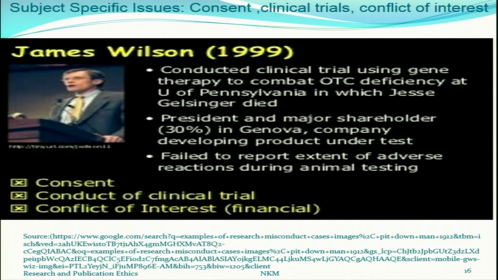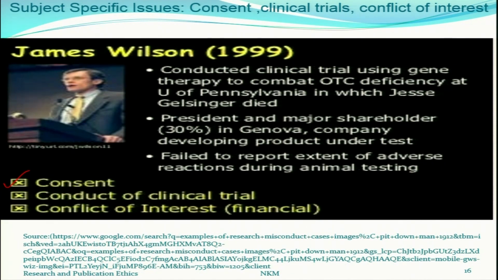Then when the investigation report came out, it showed that the team failed to report the extent of adverse reactions during animal testing. So what actually happened in this case? First, the consent was not properly taken. Gelsinger was not fully informed about the adverse effects of the medicine trialed on him.